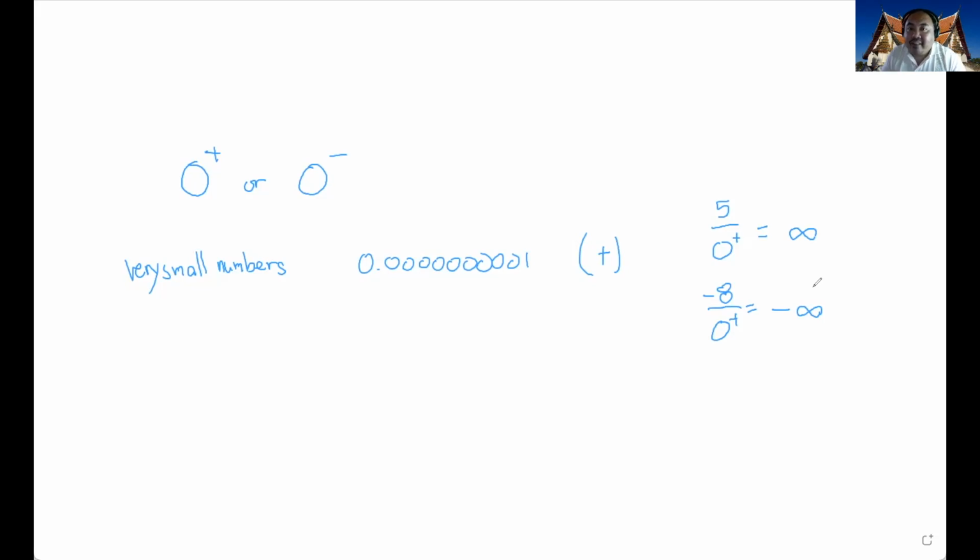And will dividing negative 8 by this small but nonetheless positive number result in negative infinity? We can generalize this. When you have a positive number divided by a 0 plus, you get positive infinity. And when you have a negative number divided by a 0 plus, you get negative infinity. We have this general case.